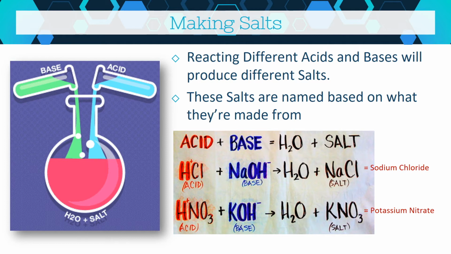And the second row says hydrochloric as your acid plus sodium hydroxide as your base is going to give you water plus NaCl or sodium chloride as your salt. Whereas if we started with nitric acid, which is HNO3, and we added it to potassium hydroxide, which is KOH, it's going to give us water, but it's going to give us potassium nitrate, KNO3, as the salt.